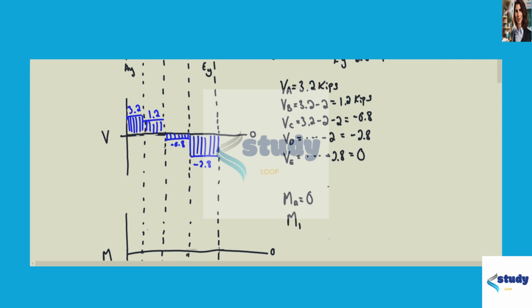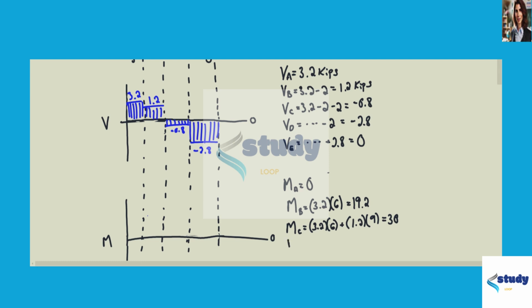The bending moment at B is the shear force of A times the distance between A and B, which is 6 feet. This equals 19.2. Bending moment at C is the same thing, and then going to add in the shear force at B, which is 1.2, times the distance between B and C, which is 9. And that equals 30.